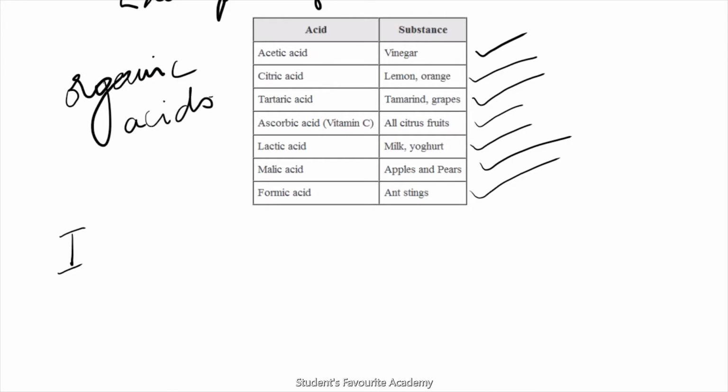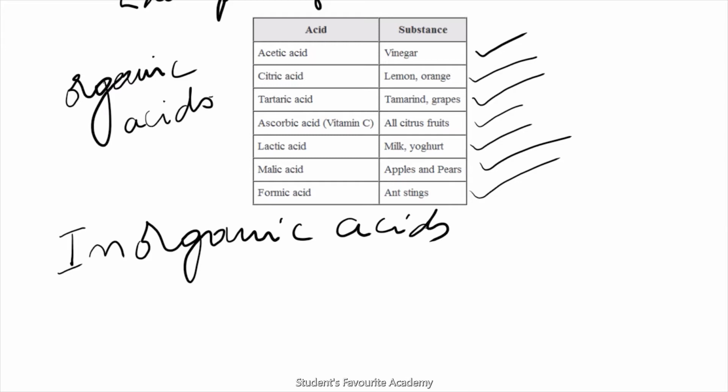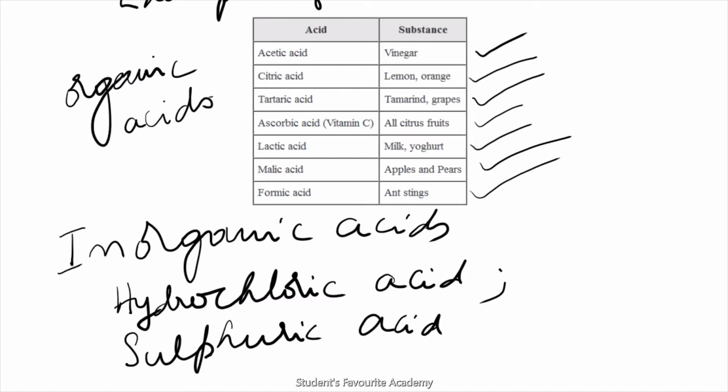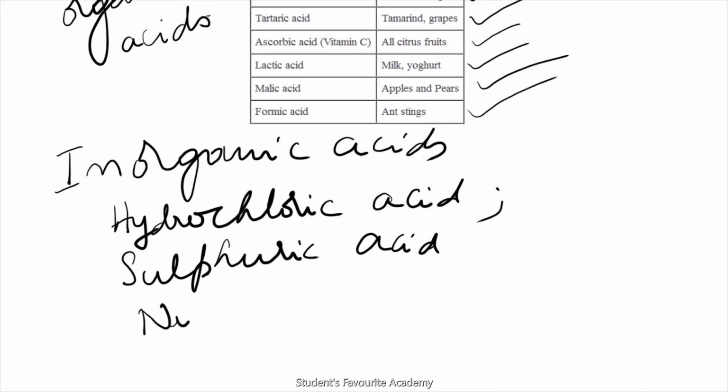Now, inorganic acids are hydrochloric acid, then sulfuric acid, then nitric acid. These are some other examples of acids.